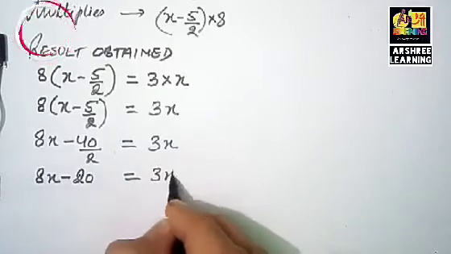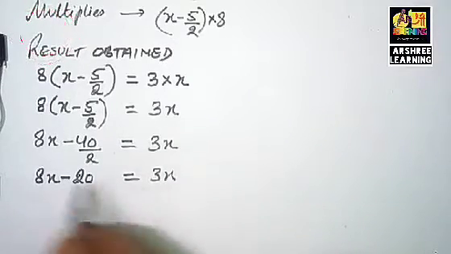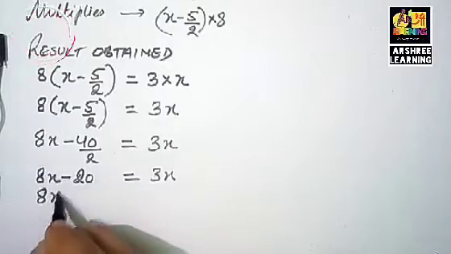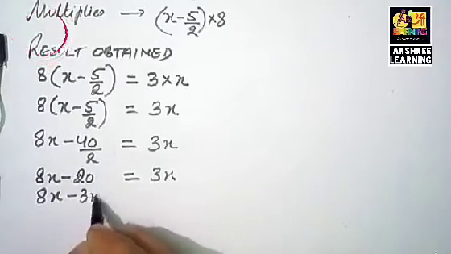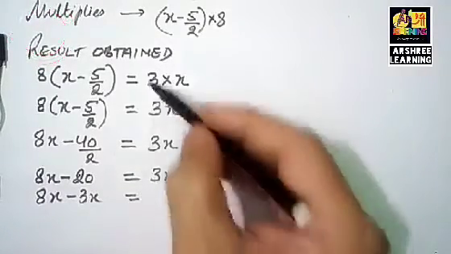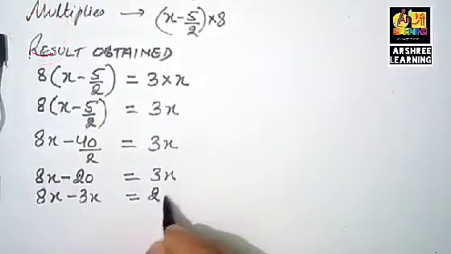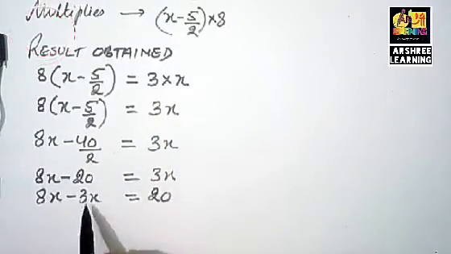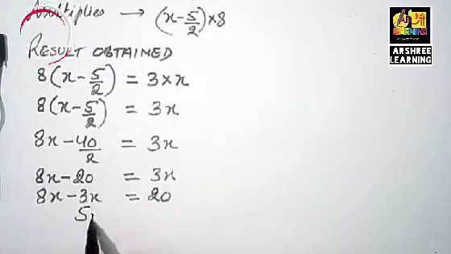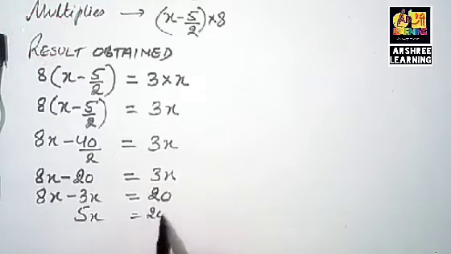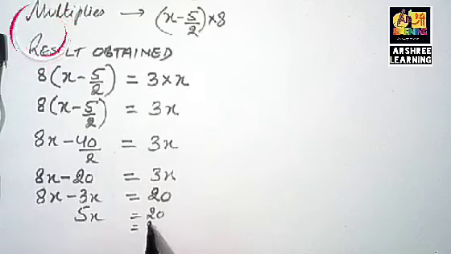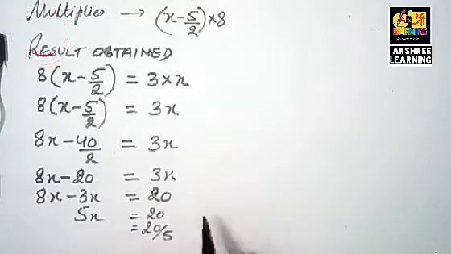So 8x minus 20 is equal to 3x. Now bring the x terms on one side: 8x minus 3x is equal to 20, which is 5x equal to 20. So x is equal to 20 divided by 5. The answer is 4.